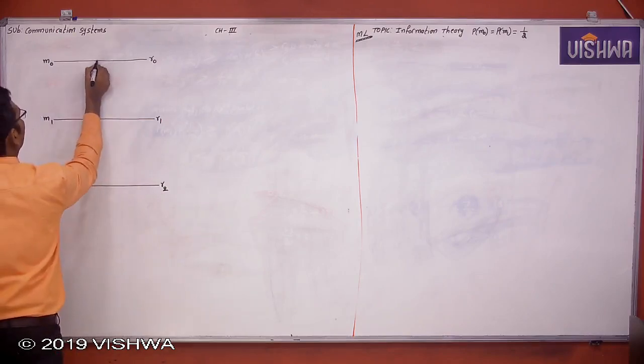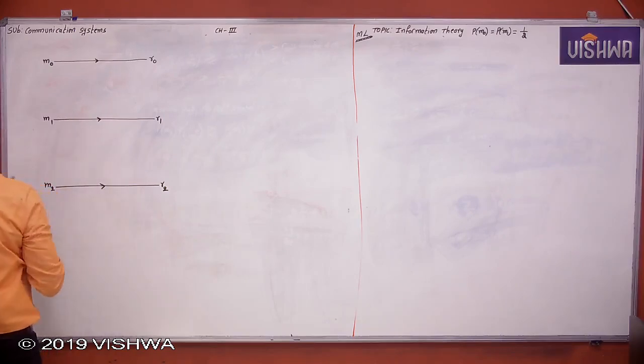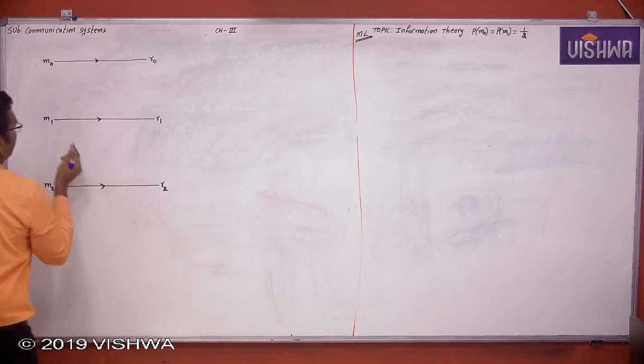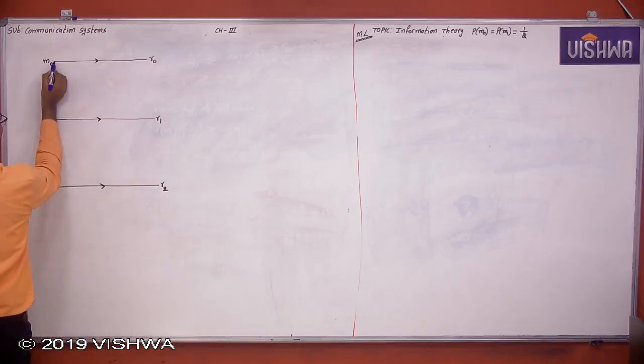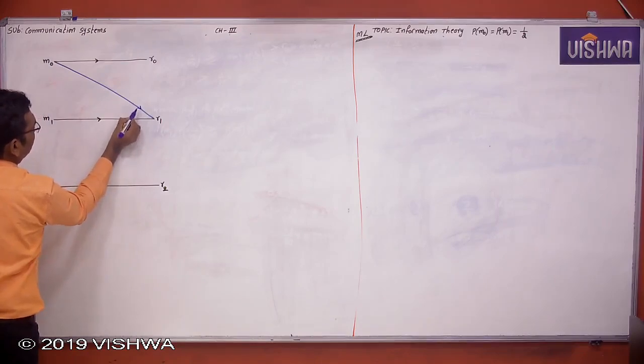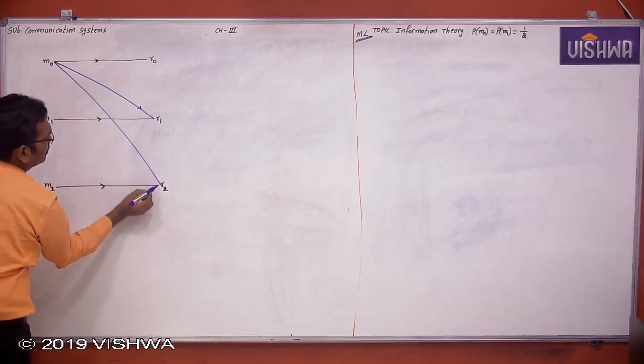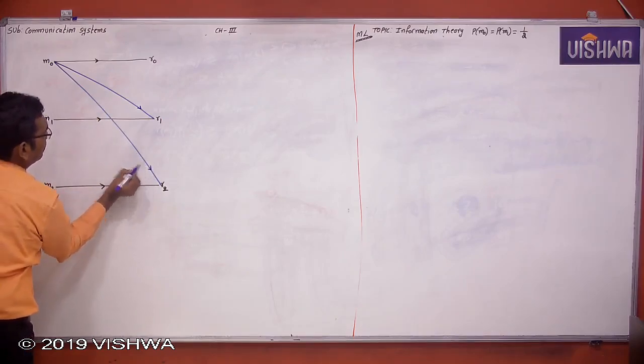This is the direct channel. Similarly, when M0 is transmitted, R1 is received with certain probability, and R2 is received with certain probability.